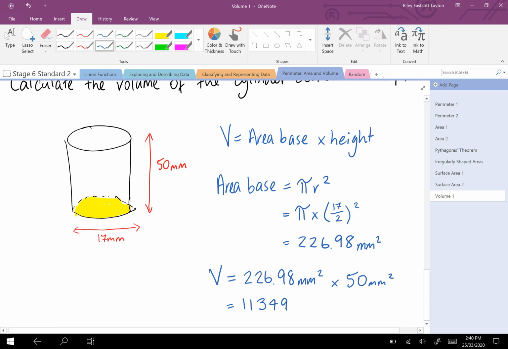And in this case, it's a round number, but because they've asked us to 2 dP, we better go 0.00. And it's going to be millimeters cubed.